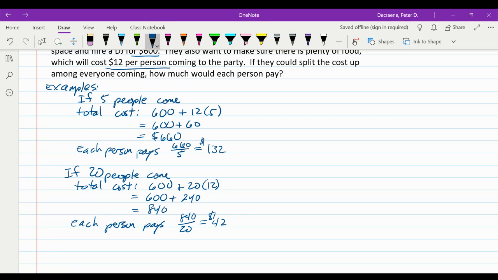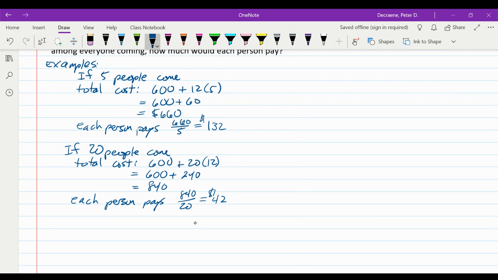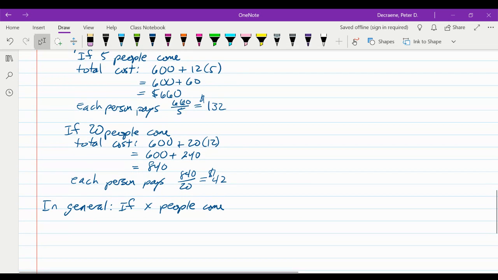So the more people that come, you divide up the cost among more people, so it becomes a little bit cheaper. Let's do this in general. If x people come, then the total cost is going to be 600 plus 12x. Each of those x people pays $12, but that's the total cost.